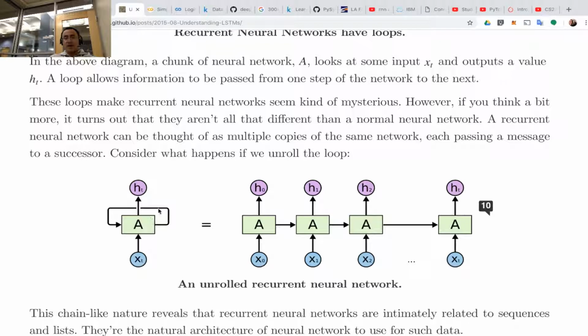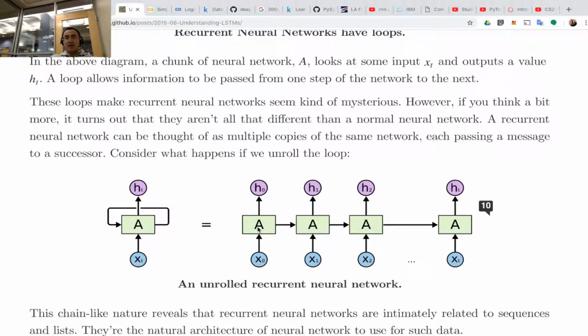Okay, so if you unroll this thing, you start from x0, x1, x2, and then dot dot dot until xt, doing the same thing.